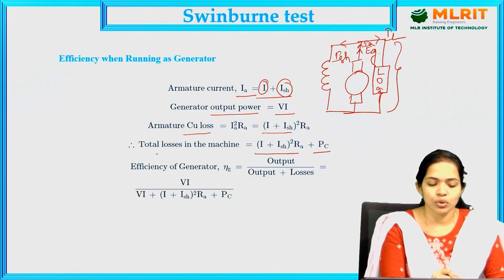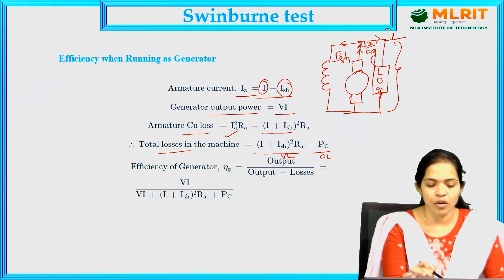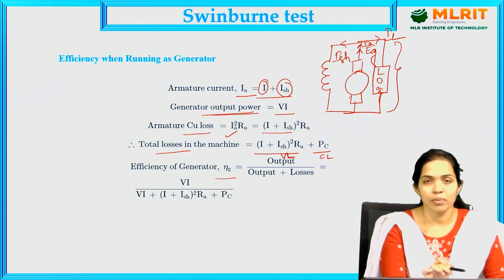And we know that the total losses in the machine will be the sum of the variable losses plus the constant losses. The constant losses are iron losses, which are already predetermined under no load condition by using Swinburne test. The variable losses are calculated here by using the armature current formula, and then we calculate the efficiency using output by output plus losses, as we have the output power delivered by the generator armature.